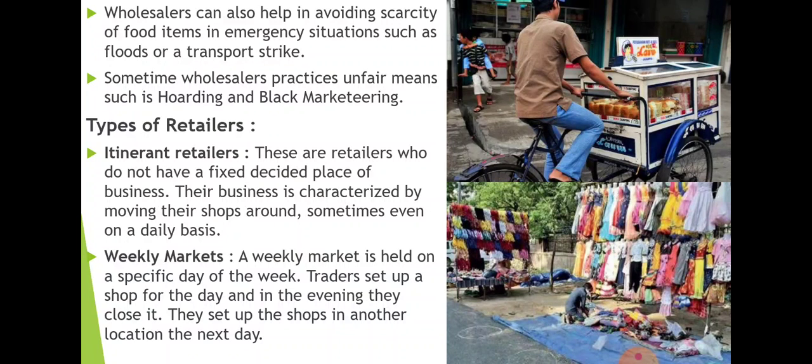But these retailers or the weekly marketeers do not have to pay these things. So they sell their product at less profit, and that's why those products are much cheaper than the products which we buy from the fixed shop.